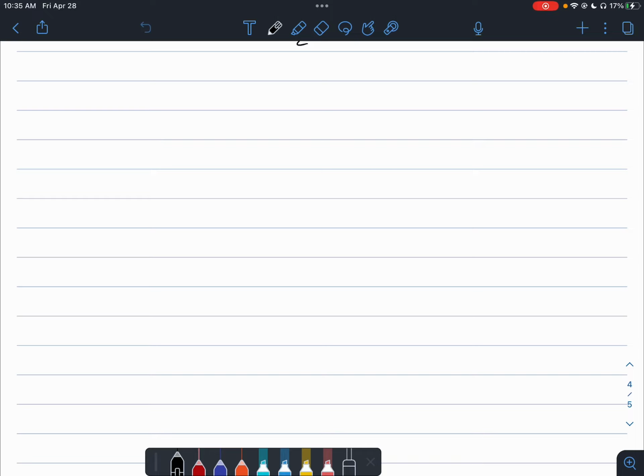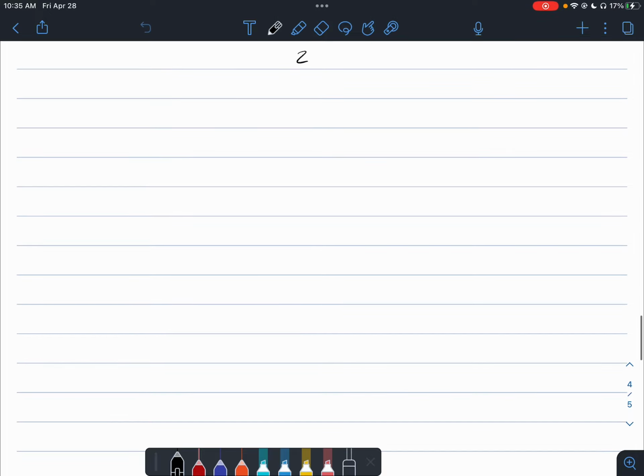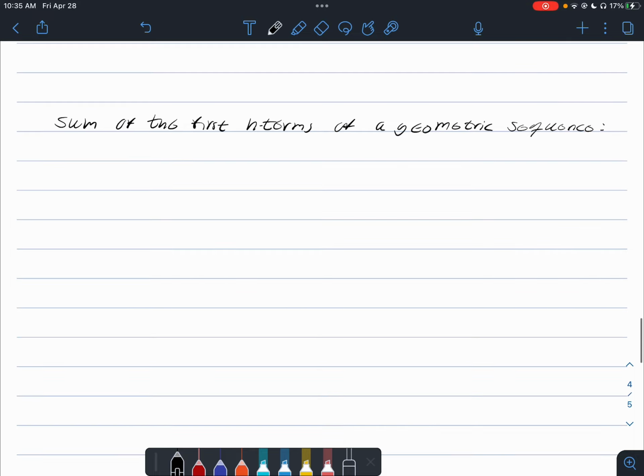All right, so the sum of the first n terms of a geometric sequence can be written as follows. Okay, this is going to be similar notation. We're going to still use that S sub n.